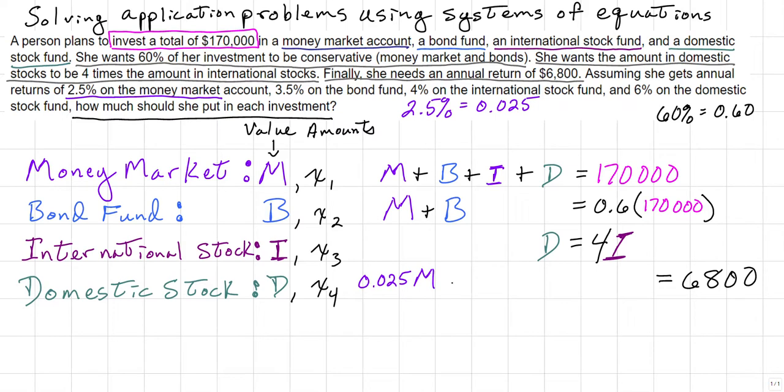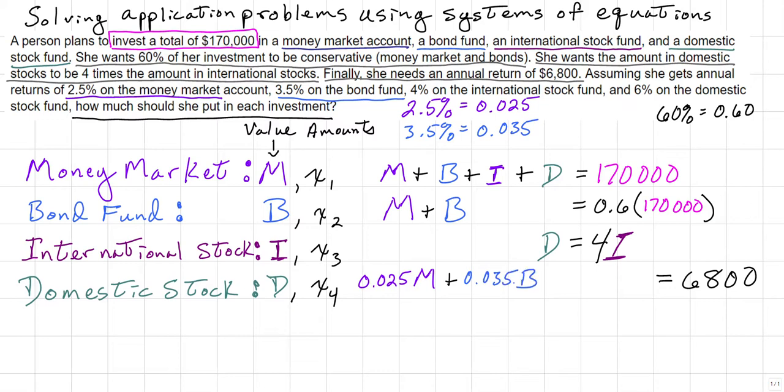Then we're going to add to that the next component, which is going to be 3.5% on the bond fund, remembering that 3.5% can be written as 0.035, and we will multiply that by the bond, B.